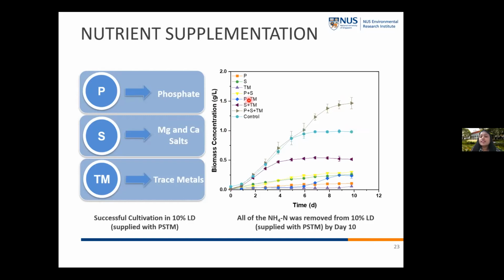With other combinations, the microalgae growth was not very significant, except for this one, which is salts plus trace metals. Another interesting thing about this experiment was that when we supplemented the digestate with all these components, all of the ammonium present in the digestate was removed by day 10, by the end of this experiment, which is quite interesting.